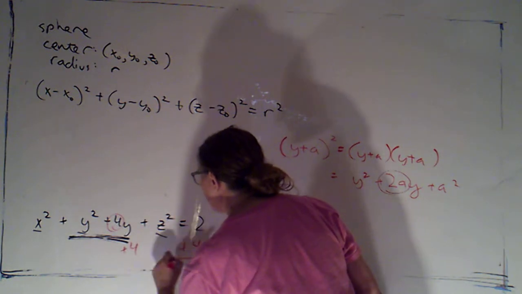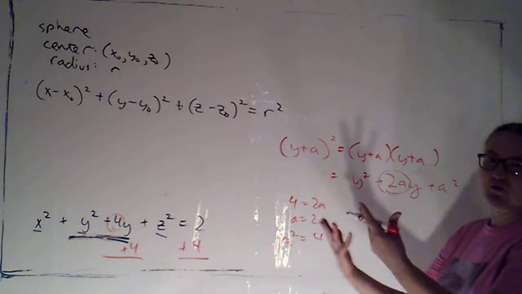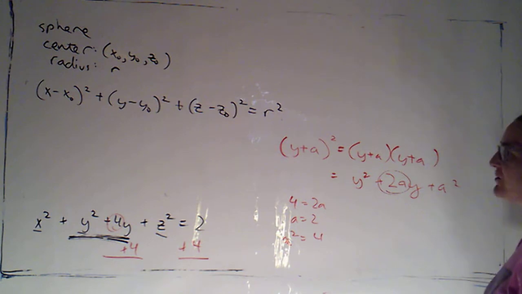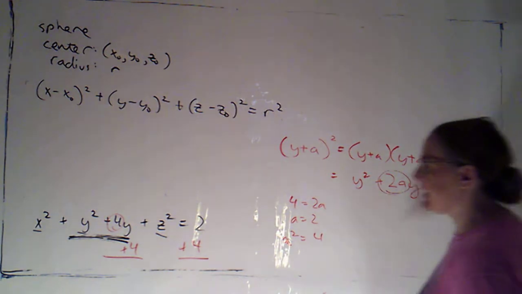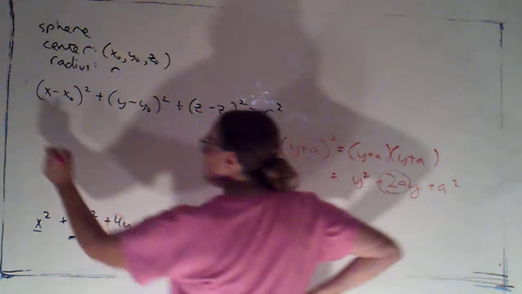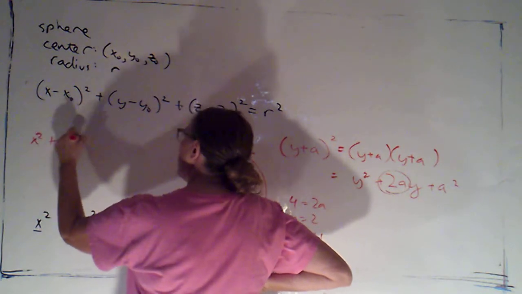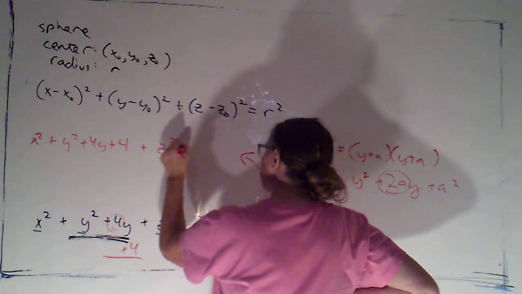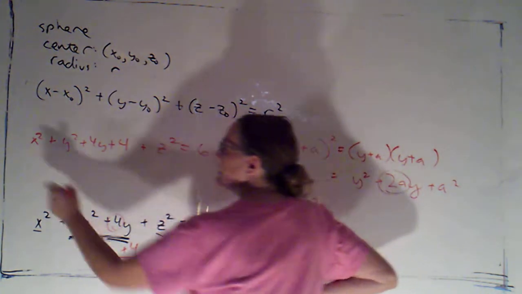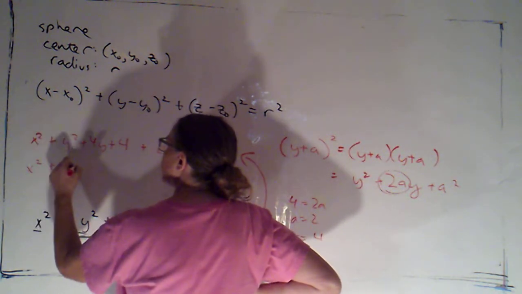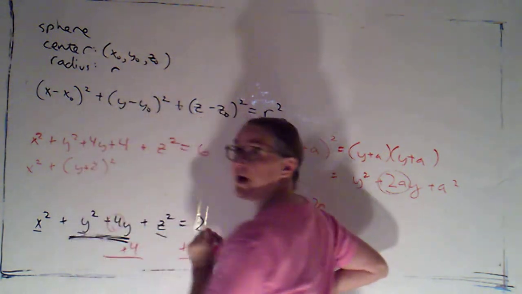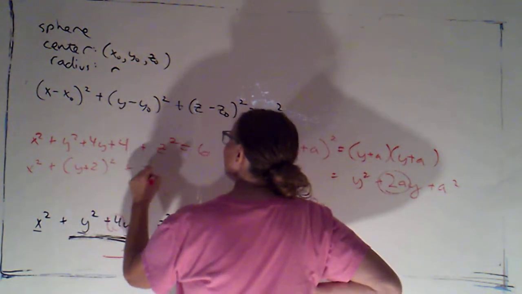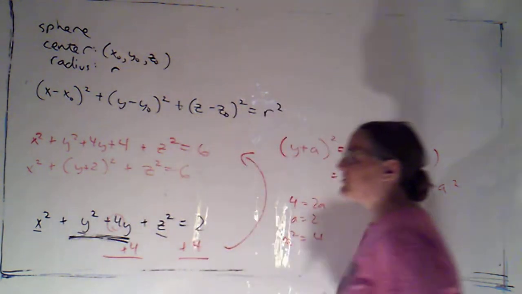But we're going to add 4 to both sides of the equation, because of course I can't change one side if I don't also change the other. So once I've done that, now I've got x squared plus y squared plus 4y plus 4 plus z squared is equal to 6. Well, that's x squared plus the quantity y plus 2 squared plus z squared is equal to 6.